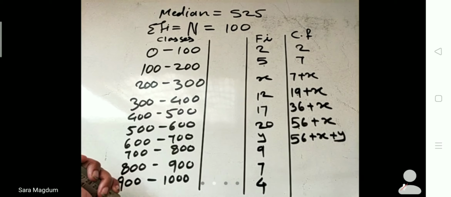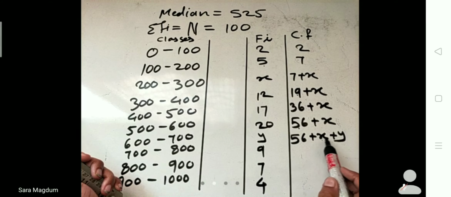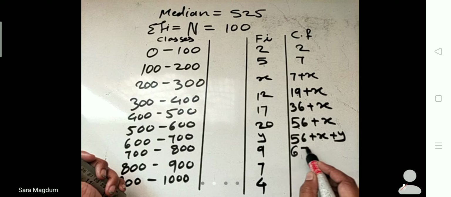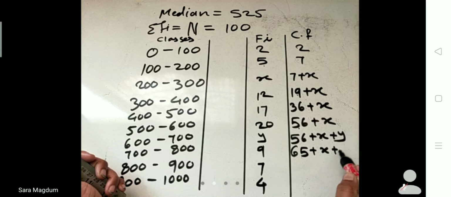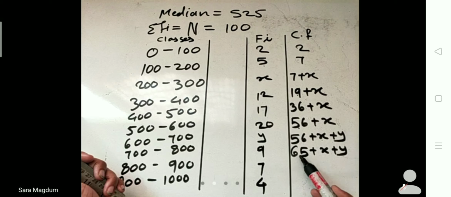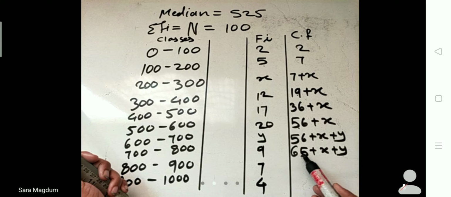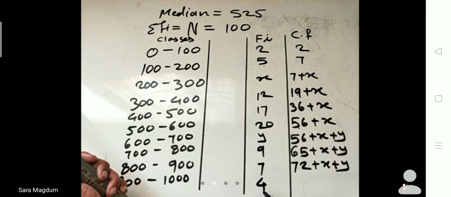Then we add 56 plus x plus y plus 9. 56 plus 9 is 65 plus x plus y. Then 65 plus 7 is 72 plus x plus y. Then 72 plus 4 means 76 plus x plus y.